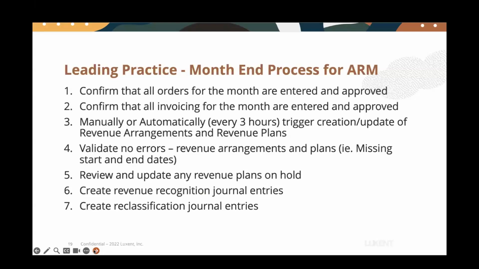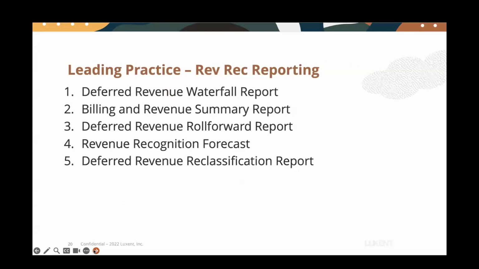Okay. Once all of that's done, you're going to create your revenue recognition journal entries through that process that I showed you. And you're also going to create your revenue reclassification journal entries. Then I ran you through these reports. These are the reports that are sitting out there.